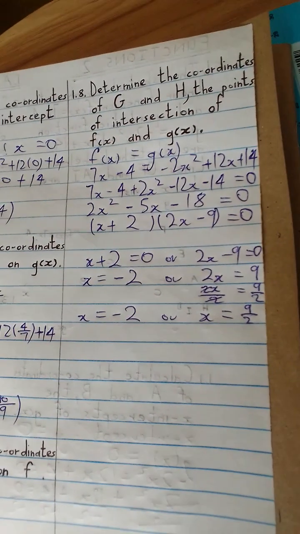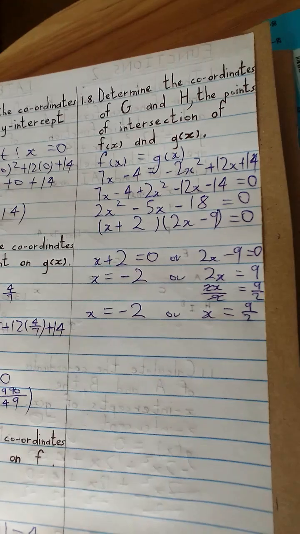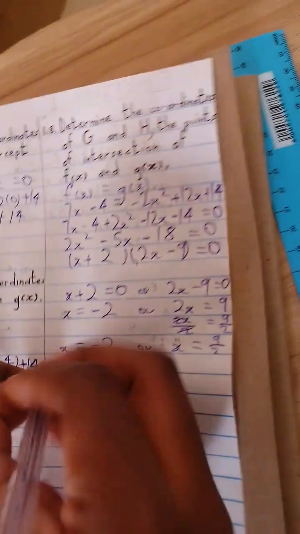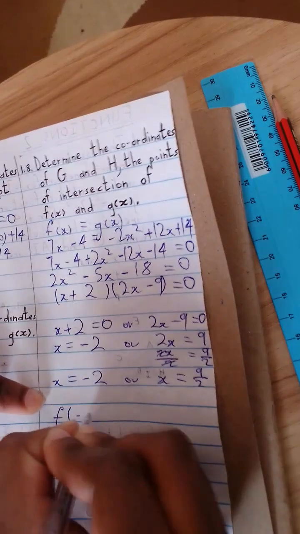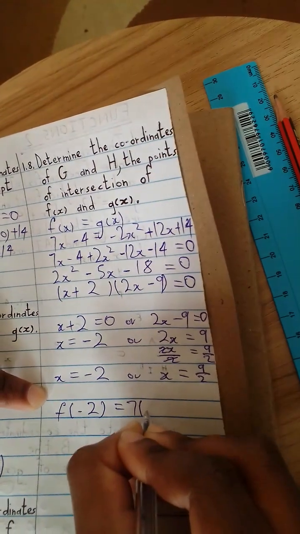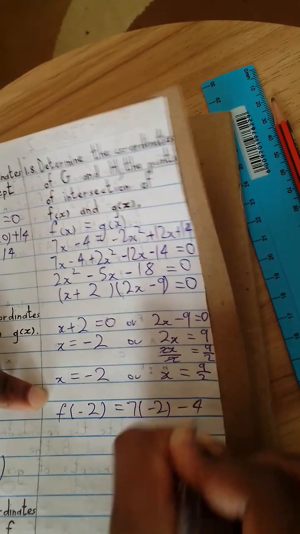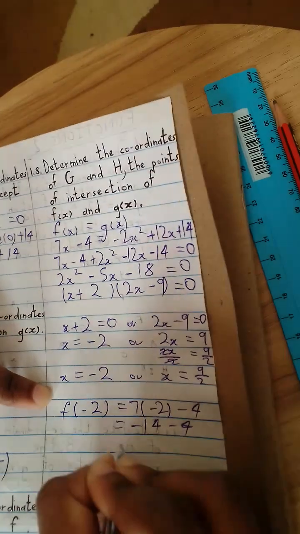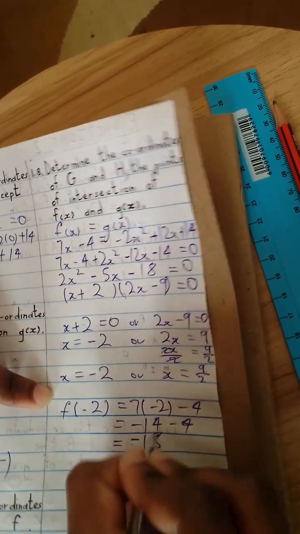Then you substitute it into the easier formula. So let's take f because it's a linear function. So we're going to calculate f of negative 2 is 7 times negative 2 minus 4. 7 times negative 2 is negative 14 minus 4, which is negative 18.